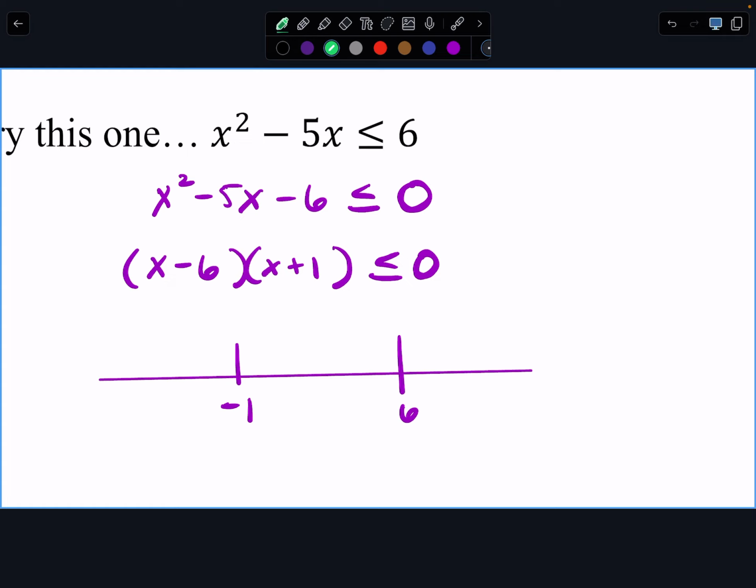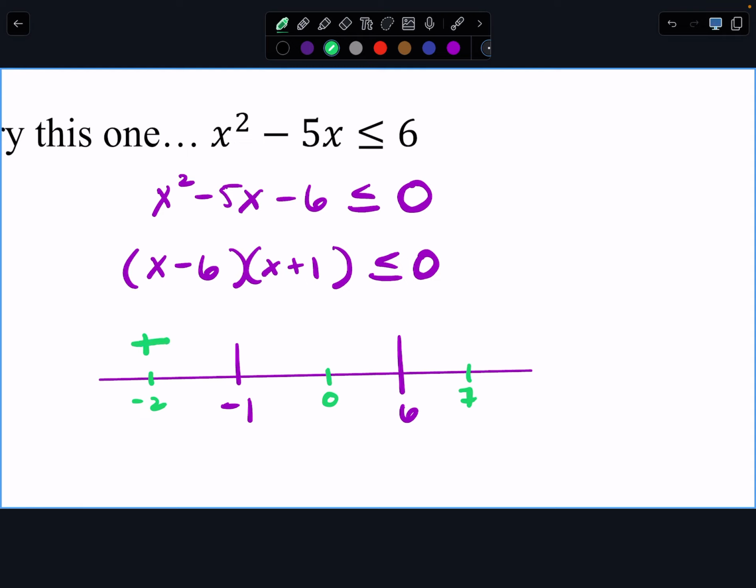If I choose a value to the left of -1, like -2, and pick a value between -1 and 6, how about 0, and 7. If we plug in -2, that'll be a negative times a negative, which would be positive.